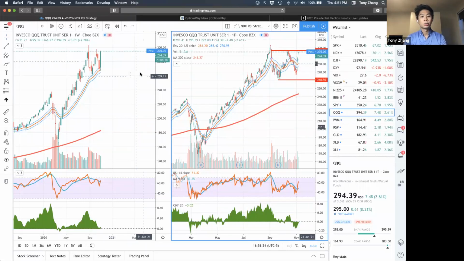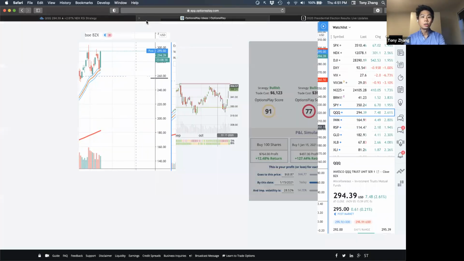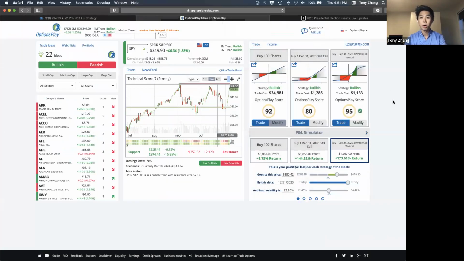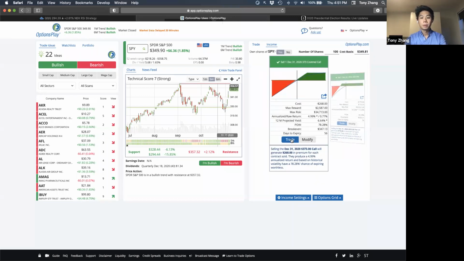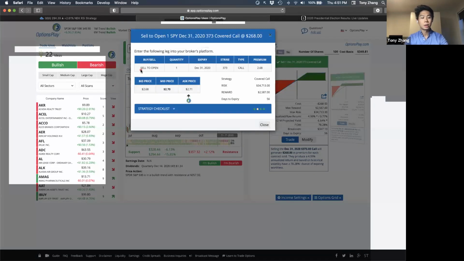My second question concerns covered calls. How do you get out of a covered call? So to get into a covered call, you have to sell the call, right? For example, let's say we sold a covered call on SPY. I sell to open the December 373 calls. If I want to get out of it, all I have to do is buy to close the same December 373 call.